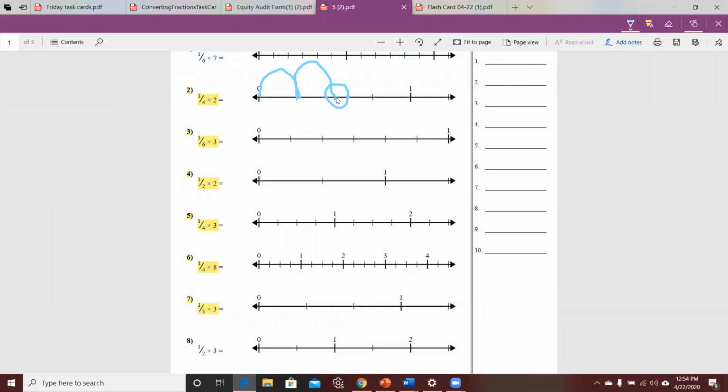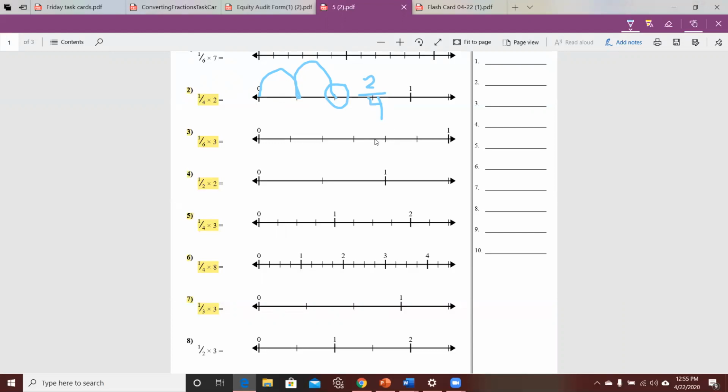So here's your 0, here's your 1. It's cut into 4 spots. So that means this is 0, 1/4, 2/4, 3/4, 4/4, 5/4. So again, what was this spot here? 1/4, 2/4. Therefore, 1/4 times 2 equals 2/4.